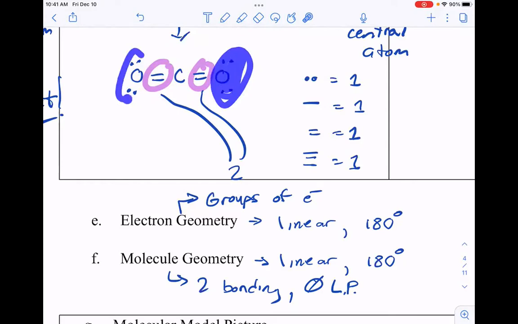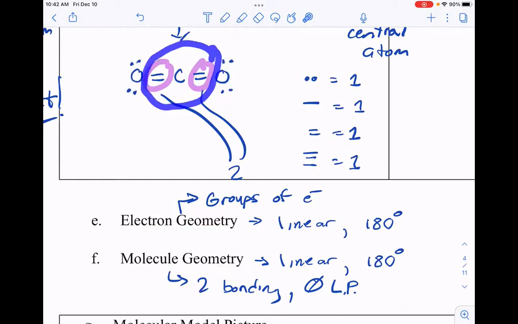Nothing about the surrounding atoms applies when you're talking about electron geometry and molecular geometry. You're simply focused on the central atom and what's directly coming out of it, whether it's lone pairs, double bonds, triple bonds, or single bonds.